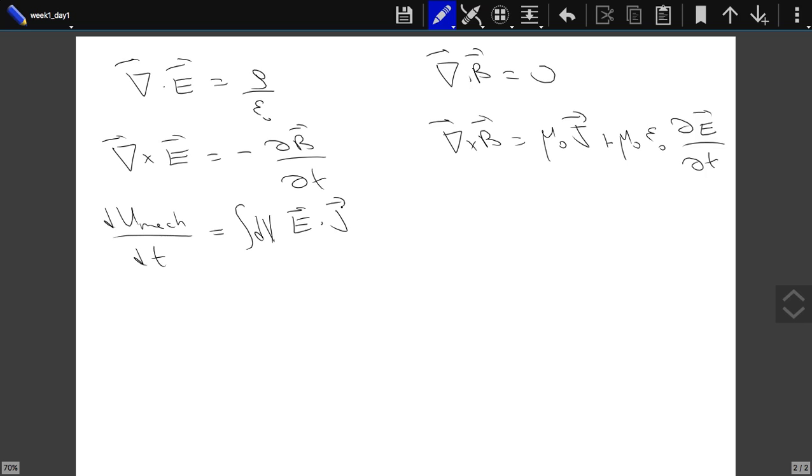So I have to express J in terms of my fields. Well, I can already do that using Ampere's law. The last equation on the second line, you see the curl of B is equal to mu 0 J plus some dE by dt term. So I can solve for J.